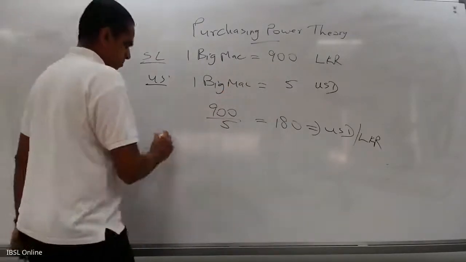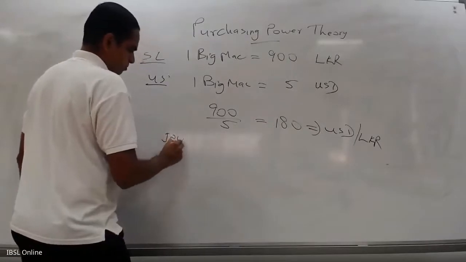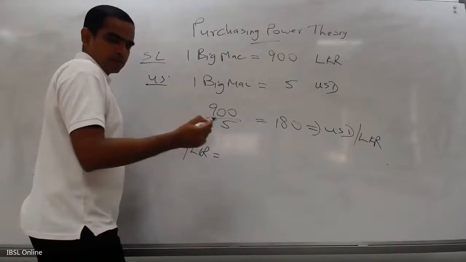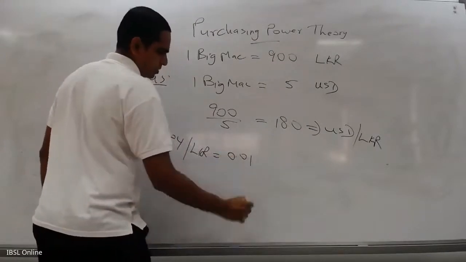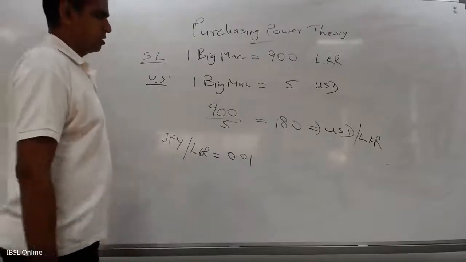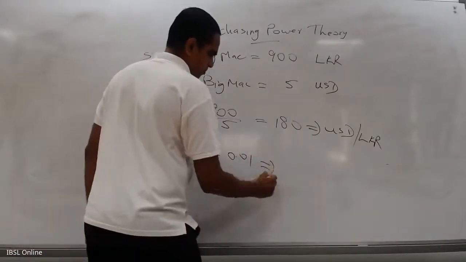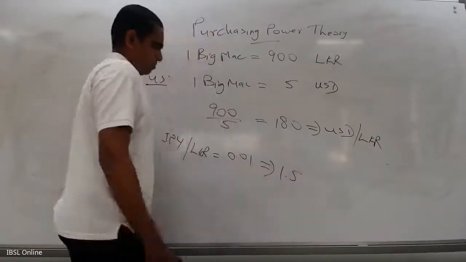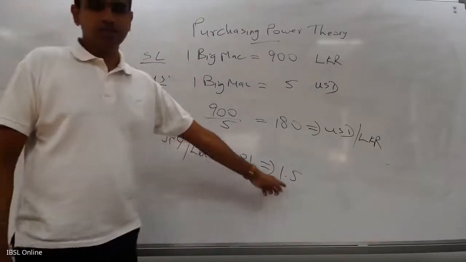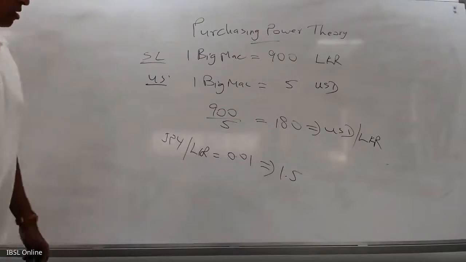Okay, so the yen. About 30 years ago, it was around 1 cent. Just 1 cent. Right. So today it is 1.5 rupees. So look at the movement from 1 cent. It has increased by how many times?